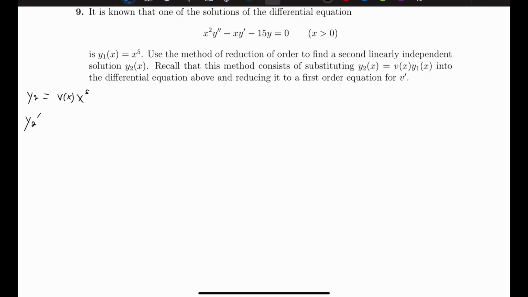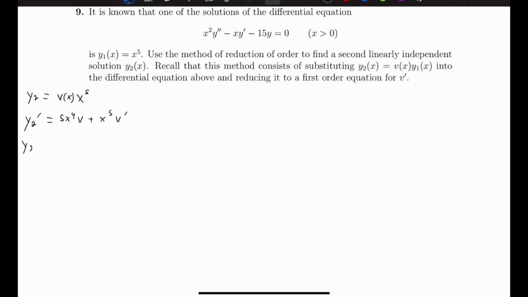We need to get our first and second derivatives of this y function so that we can plug it back up here. I'm going to drop the x from the v's, but remember it's still there and we have to account for it. So using product rule on this, we will get 5x to the 4th v plus x to the 5th v prime.